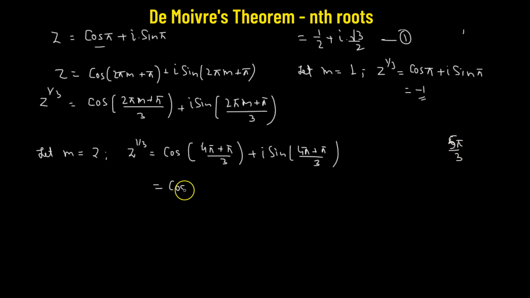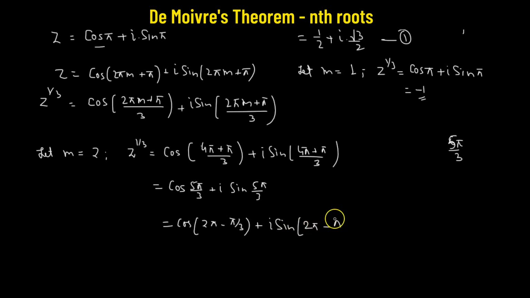We will have cosine of 5 pi over 3 plus iota times sine 5 pi over 3. We can also represent 5 pi over 3 as 2 pi minus pi over 3. It means exactly the same thing, but it will help in finding out the value of each of the cosine and sine.